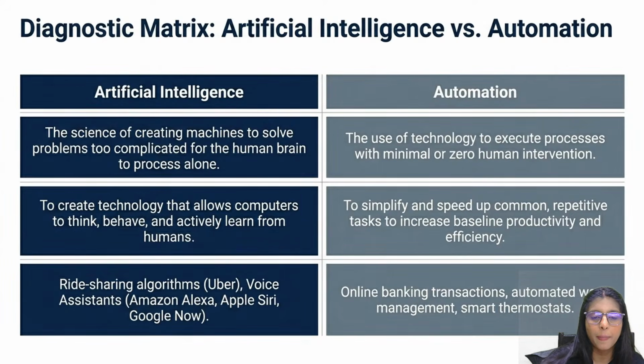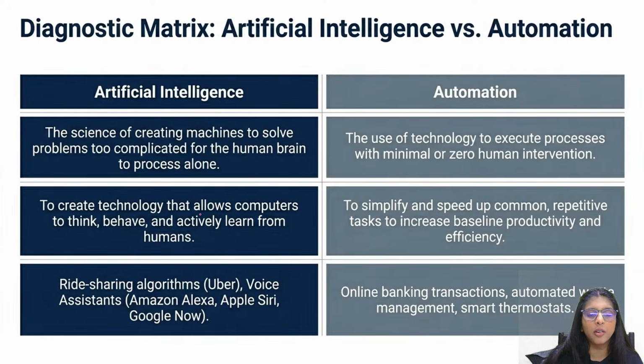In artificial intelligence, the nature of work is data-based: it learns patterns and improves over time, while automation is rule-based: if X happens, do Y. So automation is rule-based, and AI is data-based.